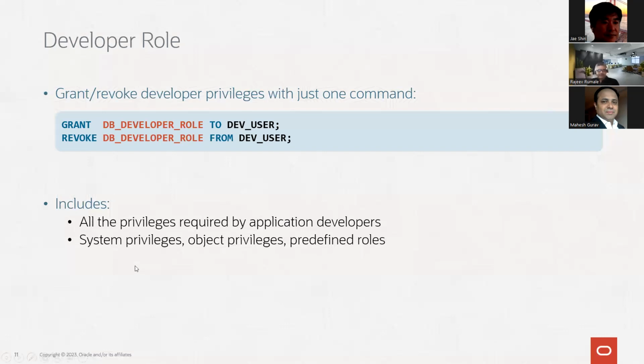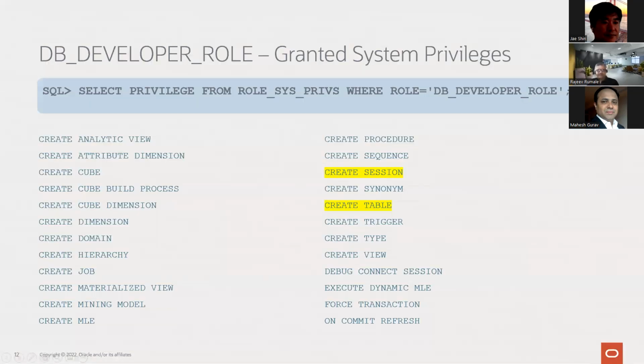So this role, as I said earlier, contains all the privileges that might be required for an application developer, right? It includes system privileges, object privileges, and predefined roles, right? So you can check which privileges are part of the DB developer role using select privilege from role_sys_privs.